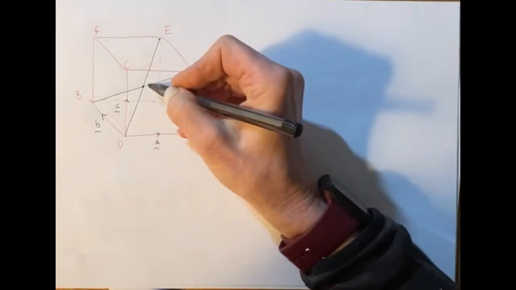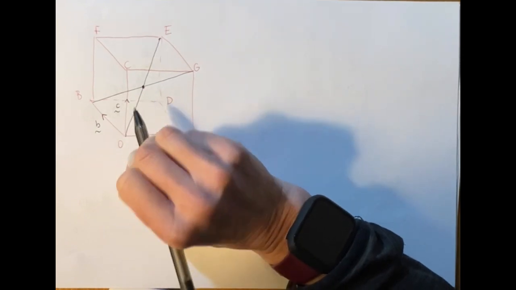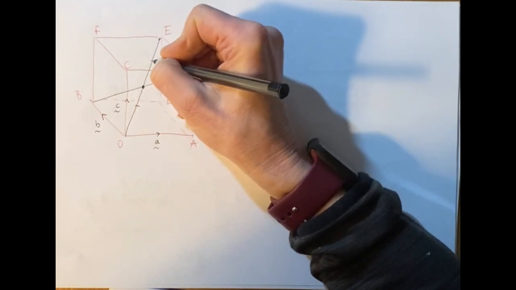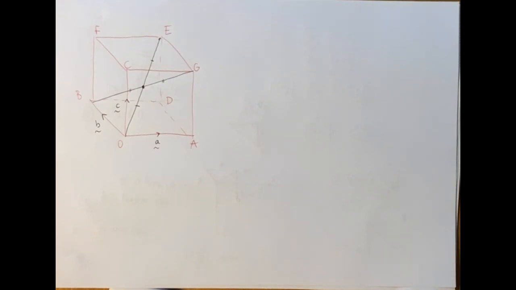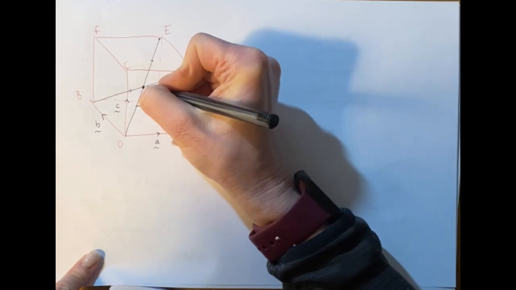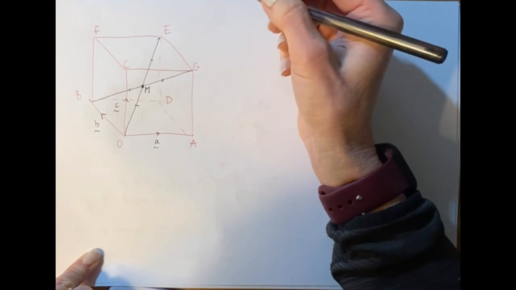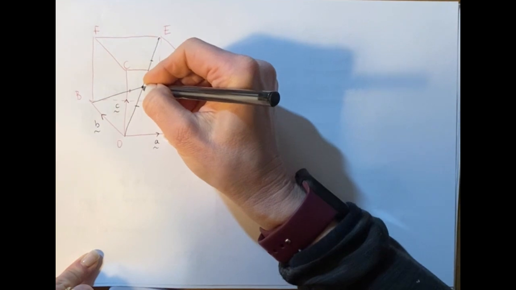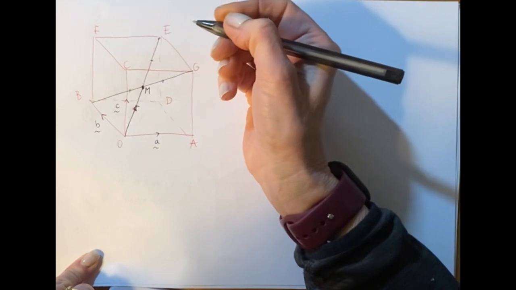Okay, so we're going to prove that this point here is bang on in the middle of those two diagonals, so I need to prove that they bisect each other. So this length is equal to that length, is equal to that length. The key thing here is to make sure that you label that point, maybe M, where they meet, or the midpoint if you like, and we are going to express a vector, the position vector of point M, so OM, in two different ways.